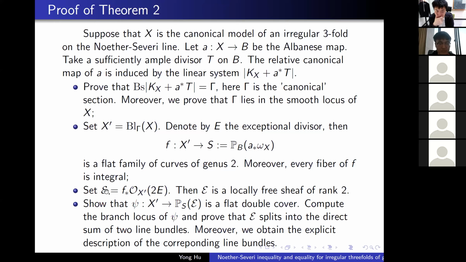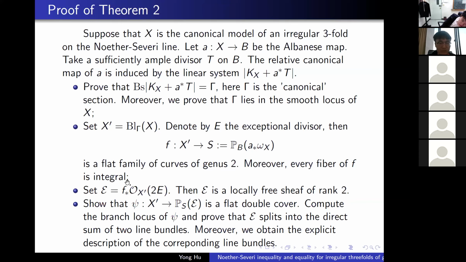Now we set E to be f lower star O_X'(2E). Then we show that E is a locally free sheaf of rank 2, because if we restrict O_X'(2E) to every fiber, this is just the canonical sheaf of the fiber.